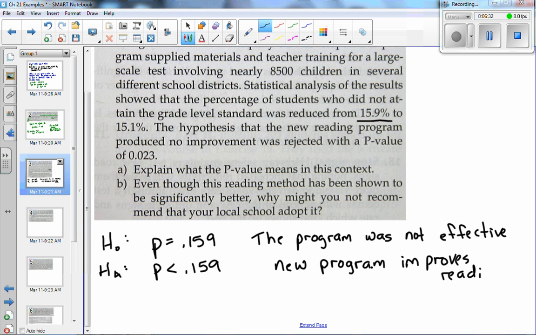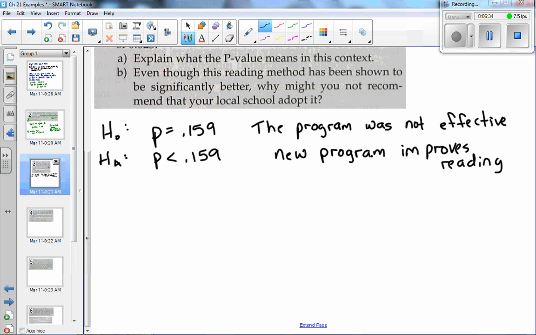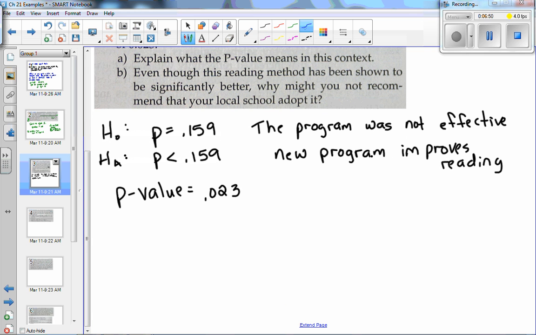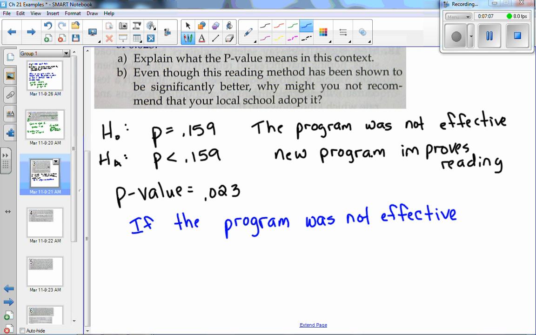Now, if we were actually doing a significance test, we'd have to go through all of our conditions. But they tell us what a p-value is, and they give us a p-value of 0.023. And then they ask, what does it mean in this context? So here's what we say. If the program was not effective, remember, that's like saying if the null hypothesis is true.